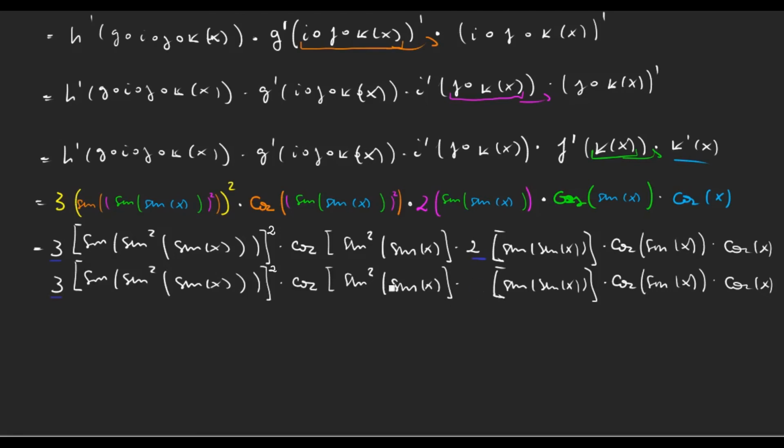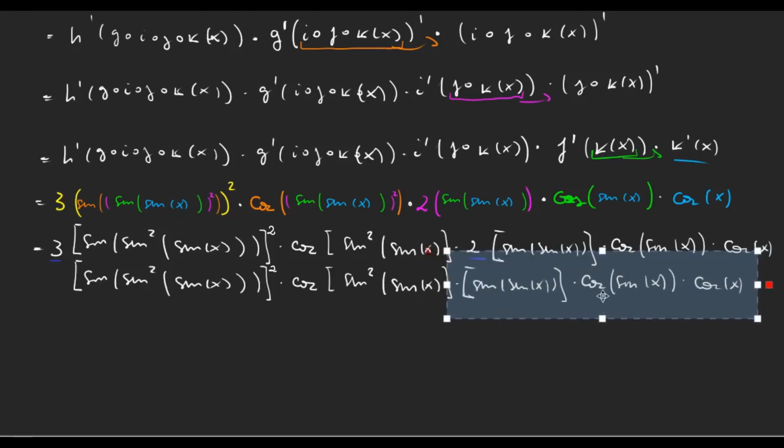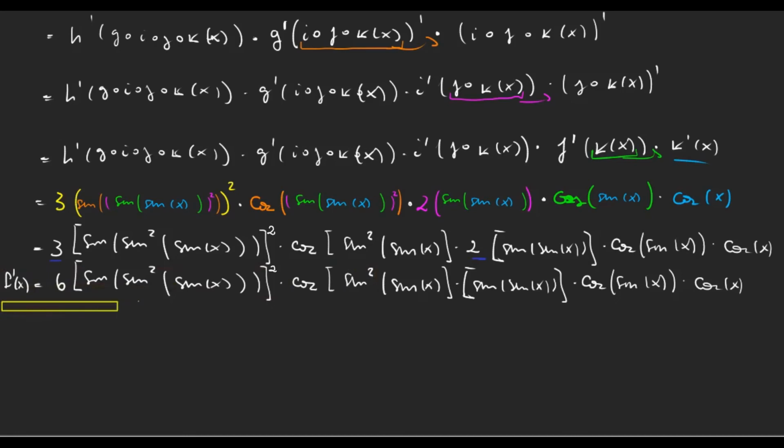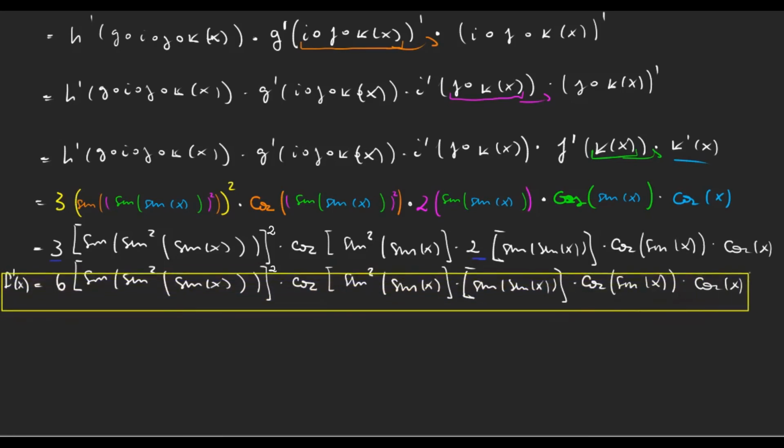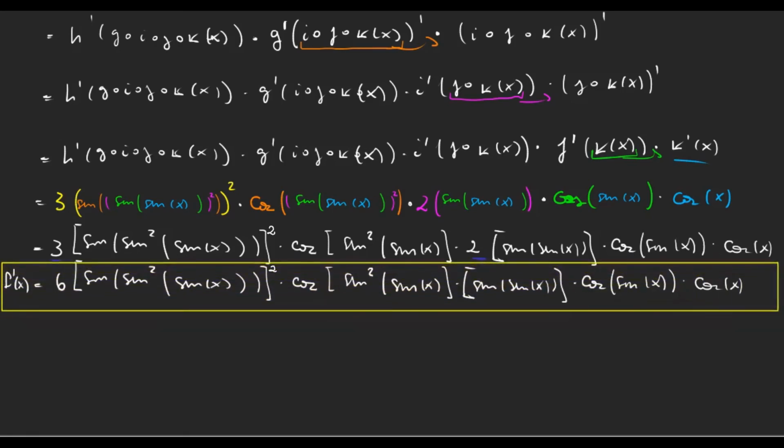And so we will have that this is equal to 6 times this whole thing, and this is f prime in x. It was a very long derivative, but the chain rule made it easy for us.